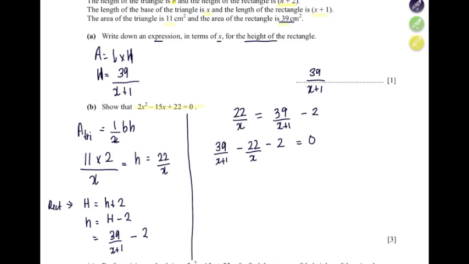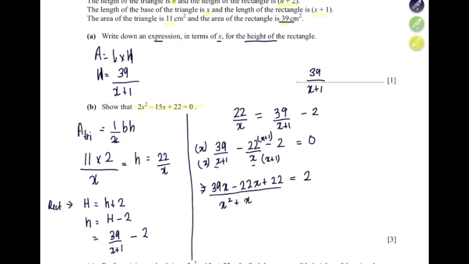Let's try to make our denominator the same here. 1 here is x. So 39x minus 22x plus 22. I would like to move this 2 over there, equals 2, and the denominator is going to be x squared plus x.